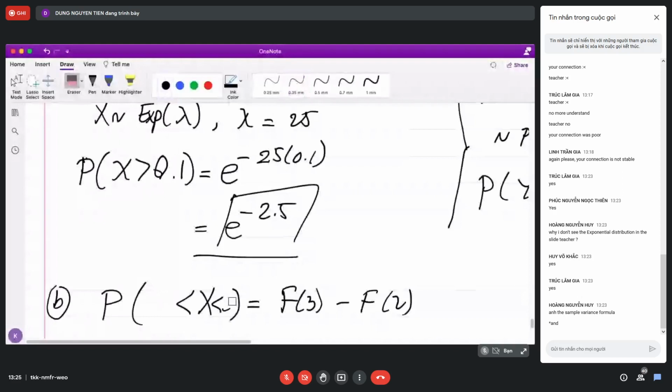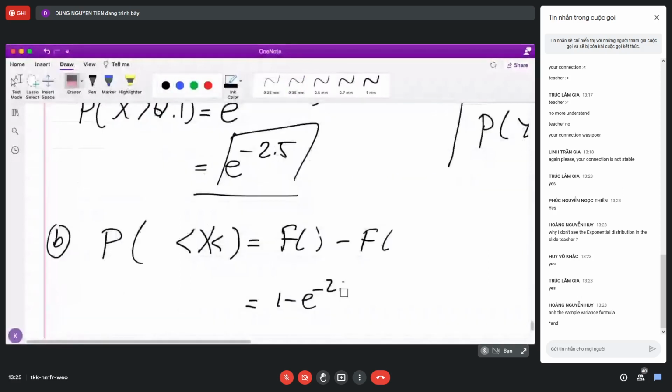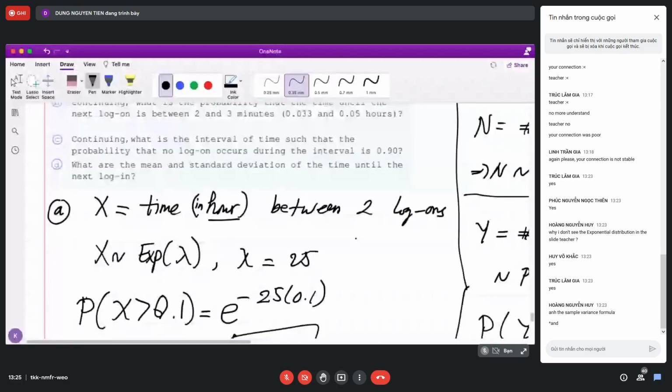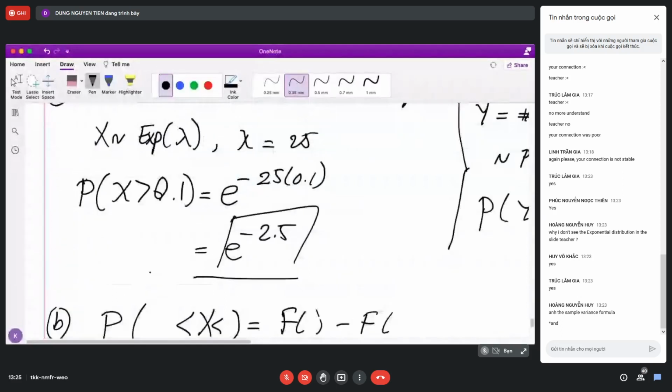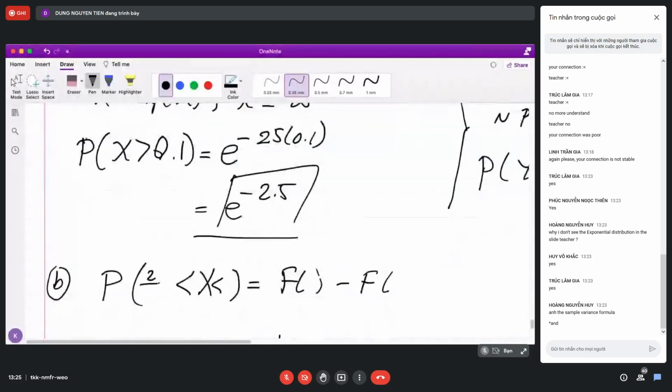This is minutes, but you want to deal with it in hours. 2 minutes means 2 over 60, right? And 3 over 60. So you get 3 over 60 here, and then 2 over 60.